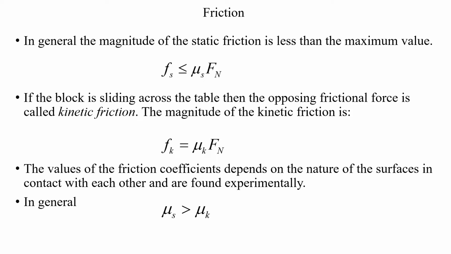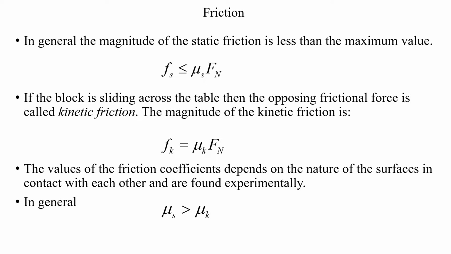The values of the frictional coefficients depend on the nature of the surfaces in contact with each other, and these are found experimentally. In general, the static friction coefficient is greater than the kinetic friction coefficient. And again, these are just numbers. These are not forces. They are just numbers that are determined experimentally.